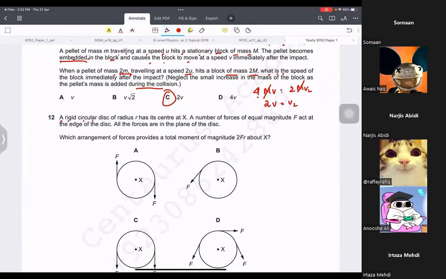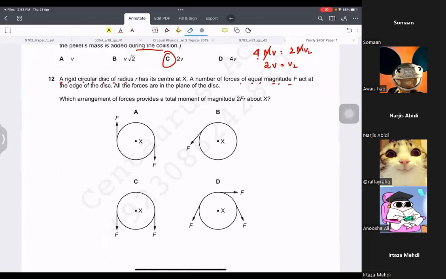But a rigid circular disk of radius r has a center x and a number of forces. Which arrangement provides a total moment of 2Fr? So it's talking about the torque of a couple, and 2Fr is this one.